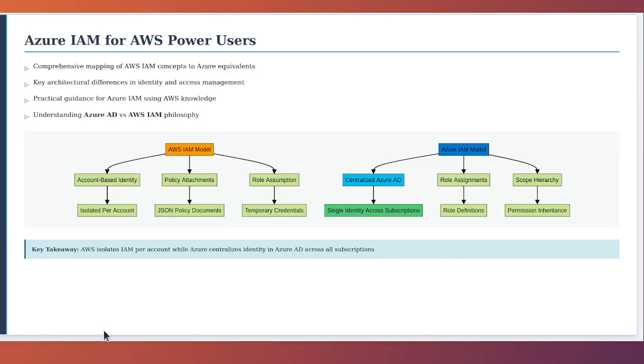We'll start by comparing the high-level architecture of both IAM systems, then dive into specific components like users, groups, roles, and policies. You'll learn how Azure's subscription model affects permissions differently than AWS accounts, understand the distinction between Azure AD and traditional IAM, and discover where Azure provides capabilities that AWS doesn't have natively, and vice versa.